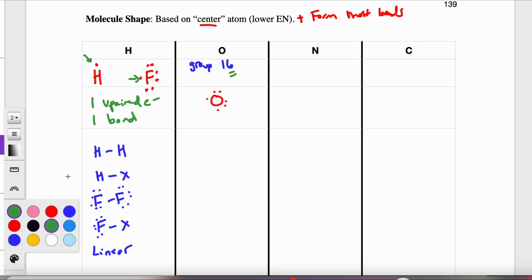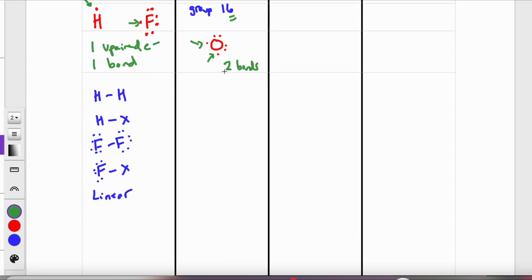So take a look. Oxygen's dot diagram has 2 unpaired electrons. So therefore, every oxygen or every group 16 member, when it's put in a molecule, has to form 2 bonds. So the oxygen doesn't form one bond, it doesn't form 3 bonds, it forms 2 bonds.